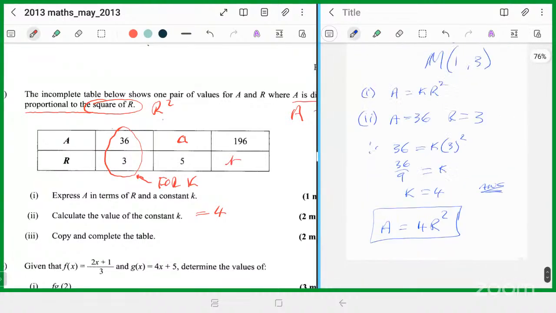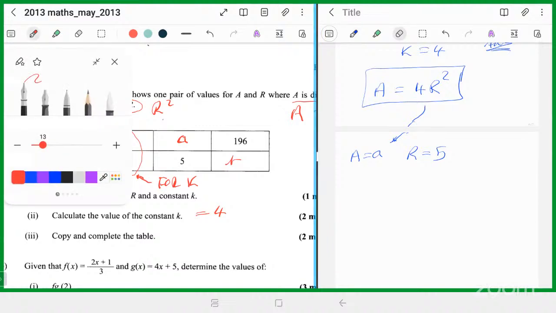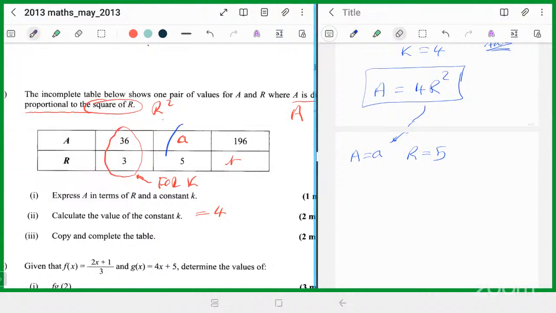So when you use this formula on the first pair, we have small a, and R is 5.